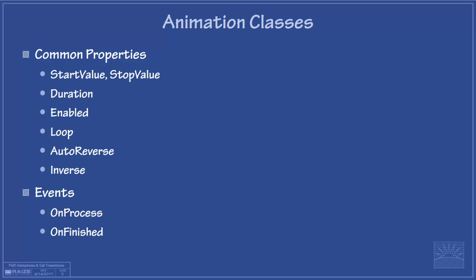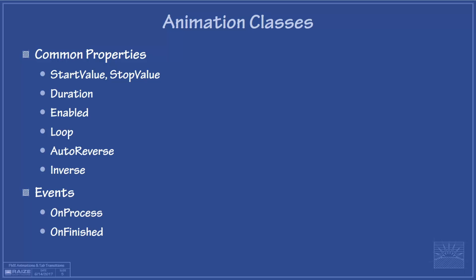There's also events available on the animation classes. OnProcess is there, but frankly, it's very rarely used. Most of the time, if you do need to respond to something, it's generally on the OnFinished event, which you can chain events that way.